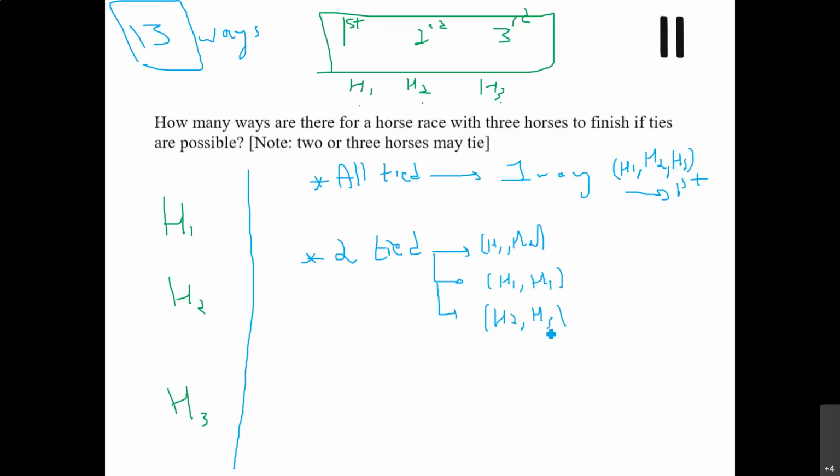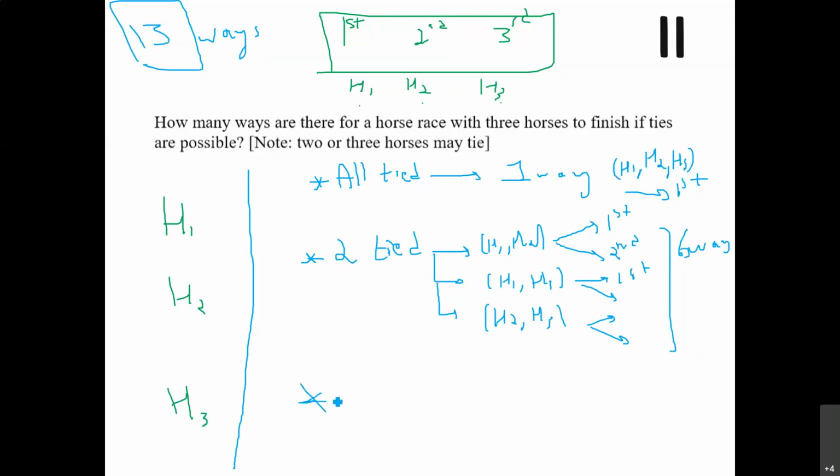But even that can be split further. So horse one and horse two could either finish first together or finish second together. Same thing for the other pairs. So in total, that's 6 ways. So 3 ways meaning which horses tie up together, and 2 for which position they tie up together.